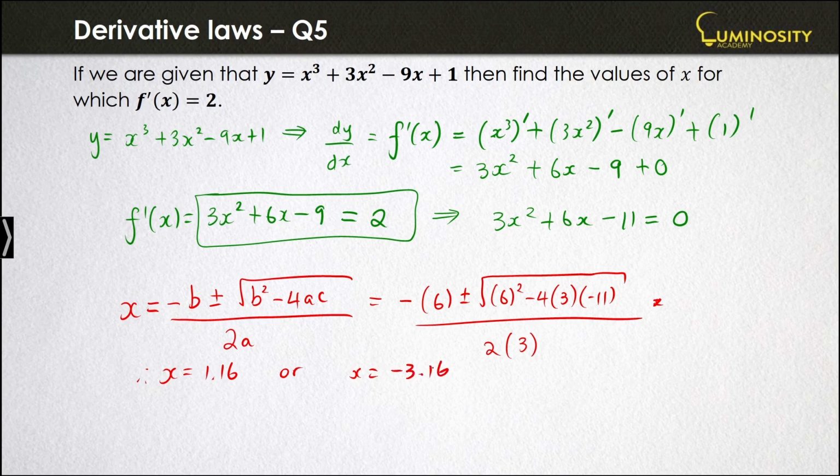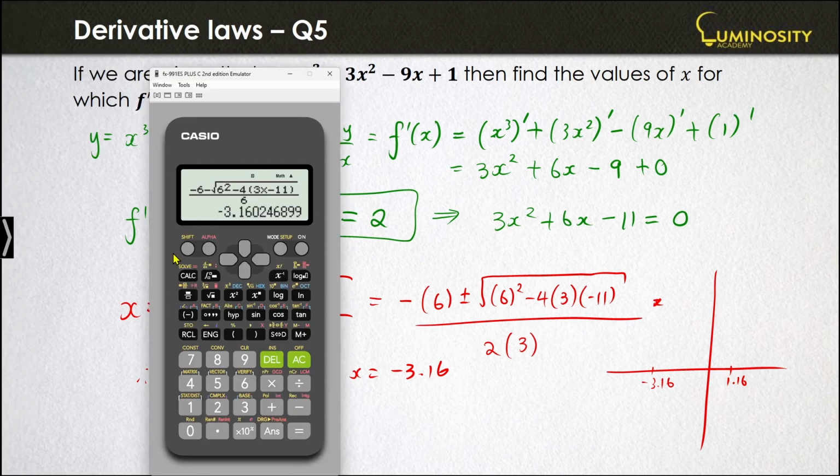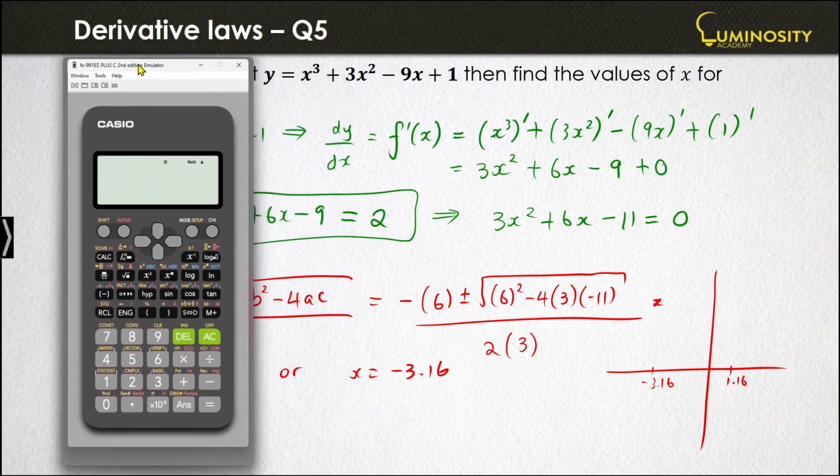So what have we actually shown here? There are 2 x points. So when we eventually see what this graph looks like, at x equals 1.16 and at x equals negative 3.16, the associated y values, which we can check fairly easily by plugging it back into the original expression. So we just want a rough estimate idea.